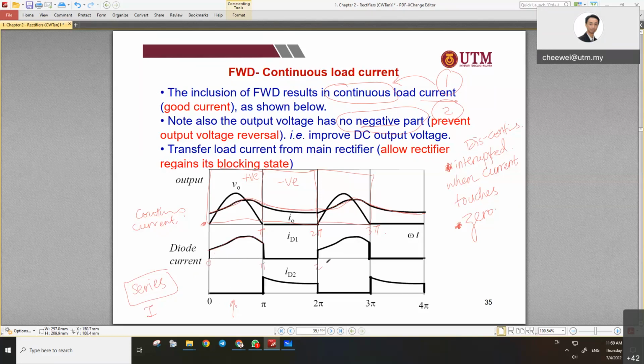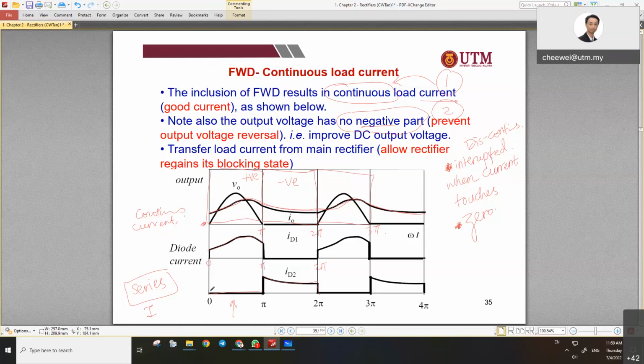From pi to 2 pi, what happened? D1 is being blocked, open circuit, so it cannot conduct. So who carries the current? D2. During the blocking state of D1, D2 is operating. So this waveform is transferred to D2. For D2, the first half cycle is 0, then it continues the operation of the I out.